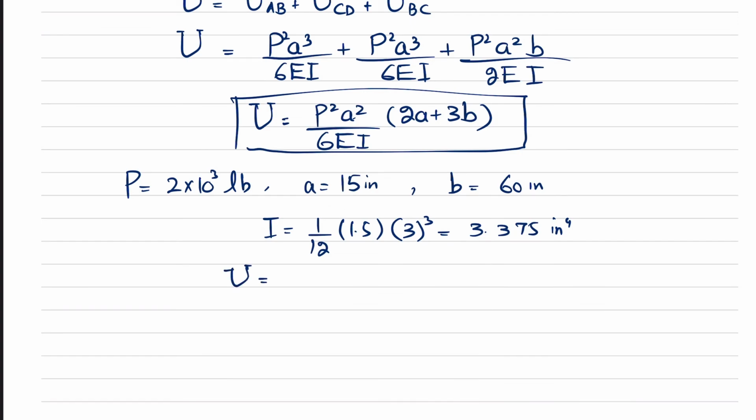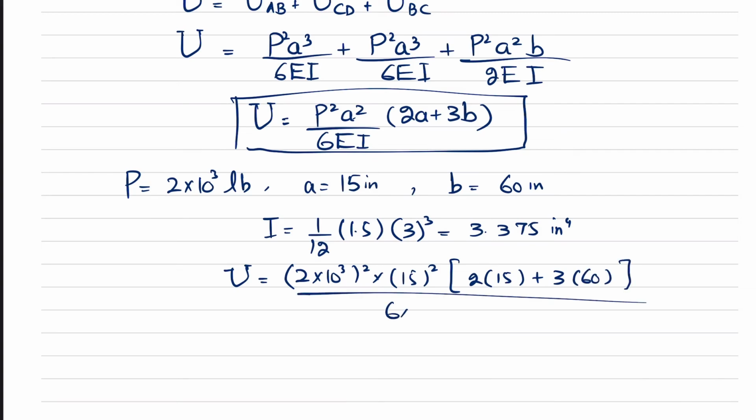U is equal to 2 into 10 raised to the power 3, whole square, into 15 square, into 2 into 15 plus 3 into 60, divided by 6 multiplied by E, which is 29 into 10 raised to the power 6, and I is 3.375.